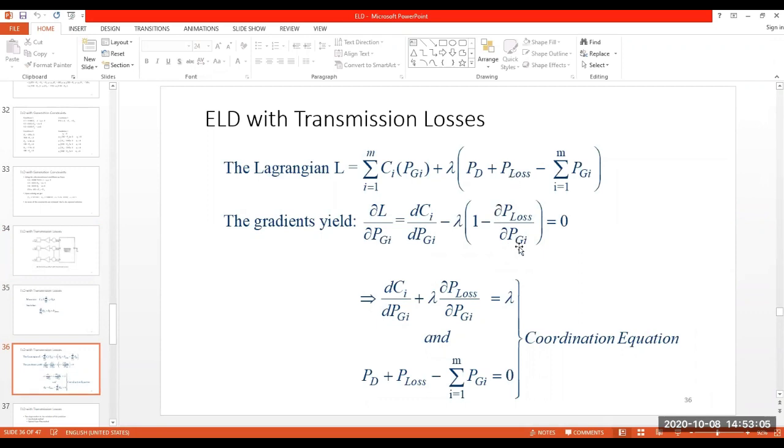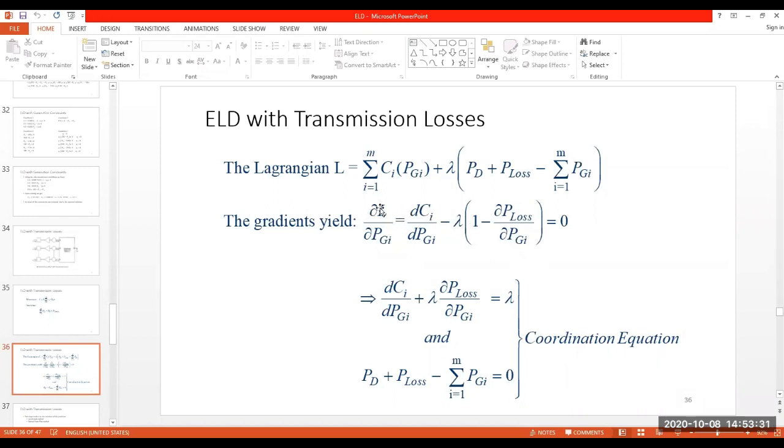Is it clear now why I discussed all these things? You expect to have some non-zero value while you take the partial derivative of the loss equation with respect to the corresponding generation. Is it okay? Yes, sir. This is why I said all these things about the relation between loss and generation.